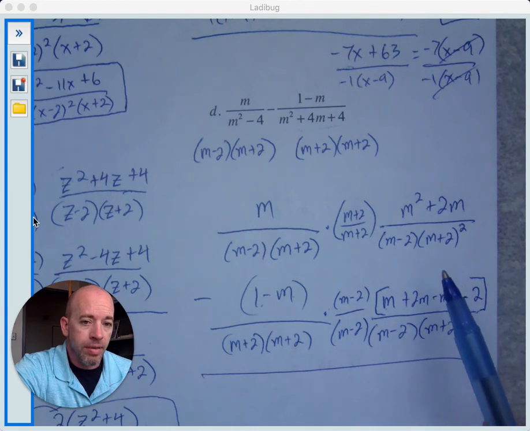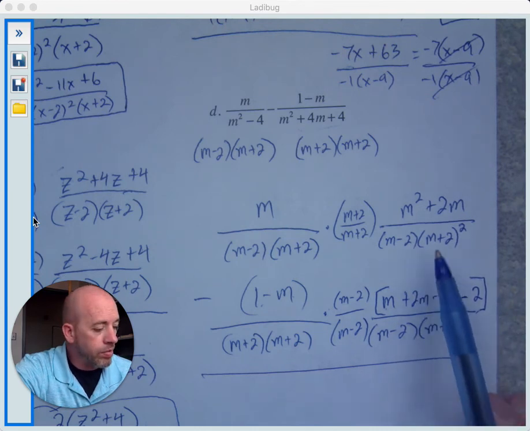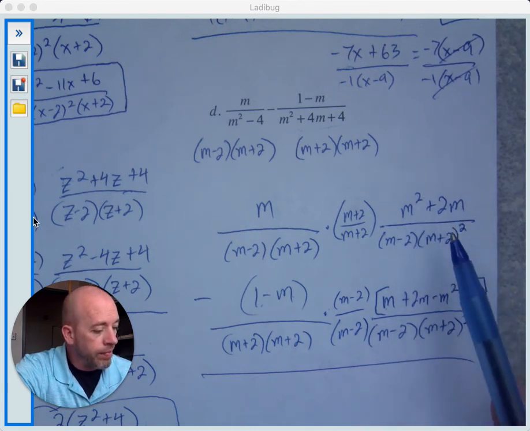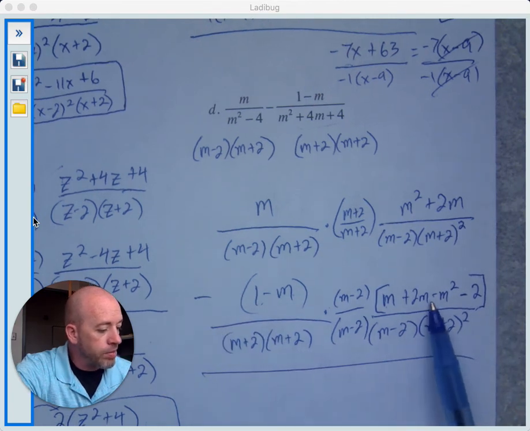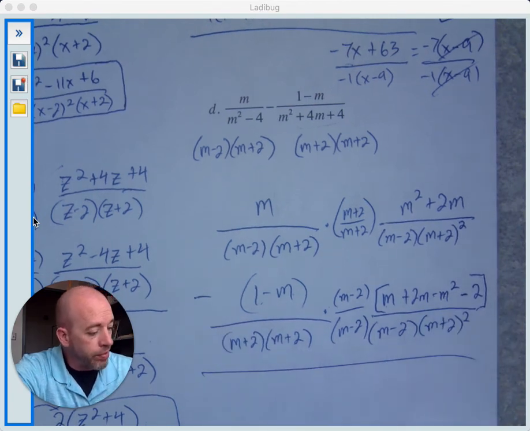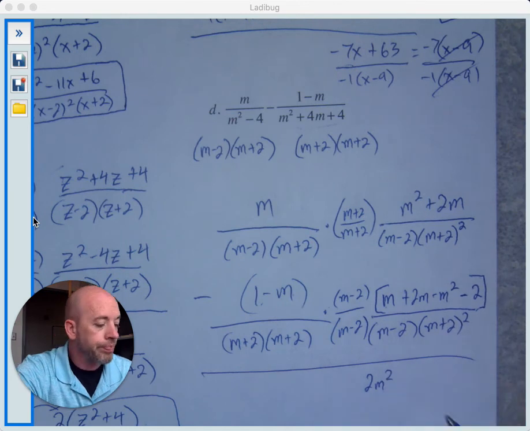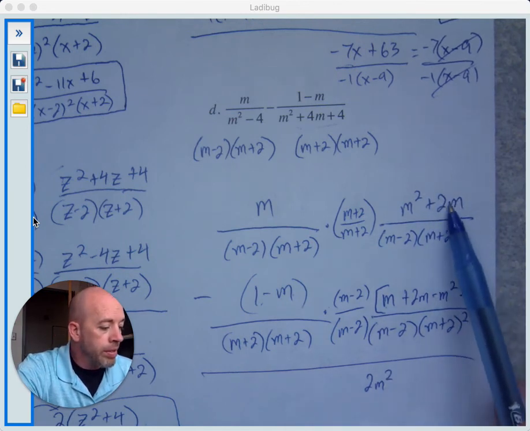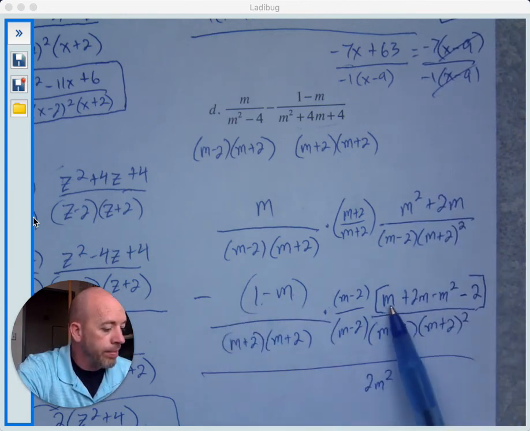So let's see. We got to combine it. We have an M squared minus a negative M squared, so that's plus M squared, right? So we have 2M squared. We have a 2M minus M minus 2M.